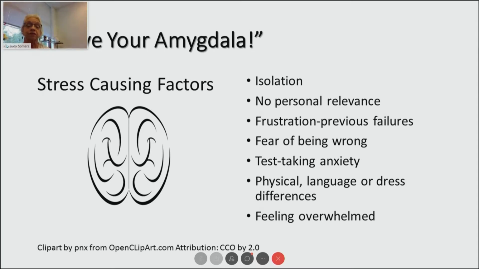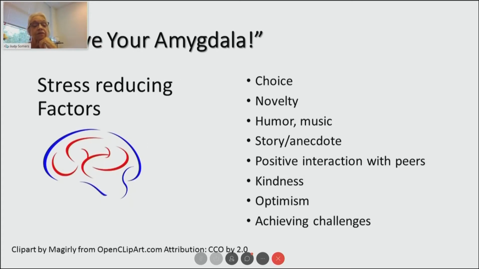All of these are things that cause stress and cause the brain to not be receptive to information coming in. So there's a lot more to that than we think of.